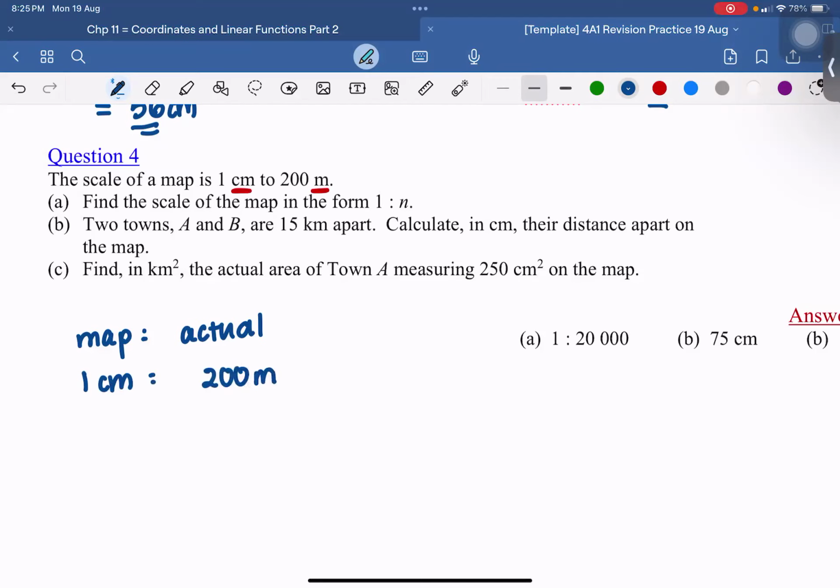Now the question says, find the scale in the form 1:n. 1:n, you notice, no units are written. When there are no units written, it means both sides have the same units.